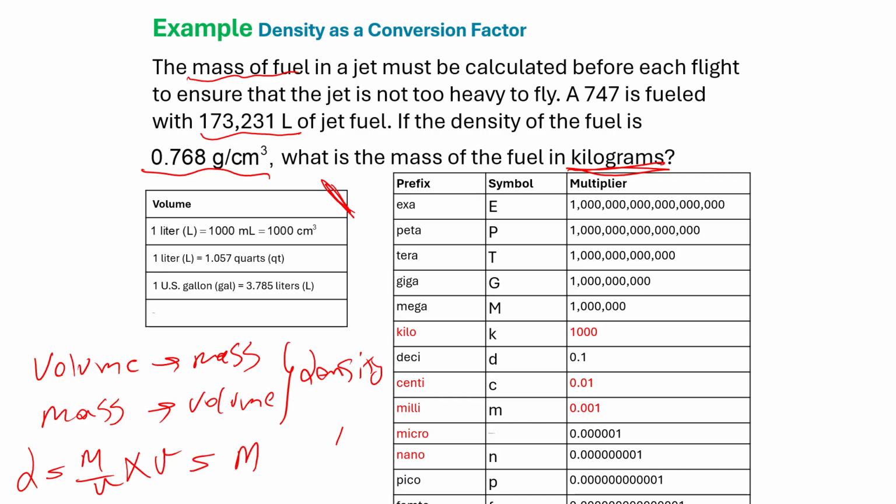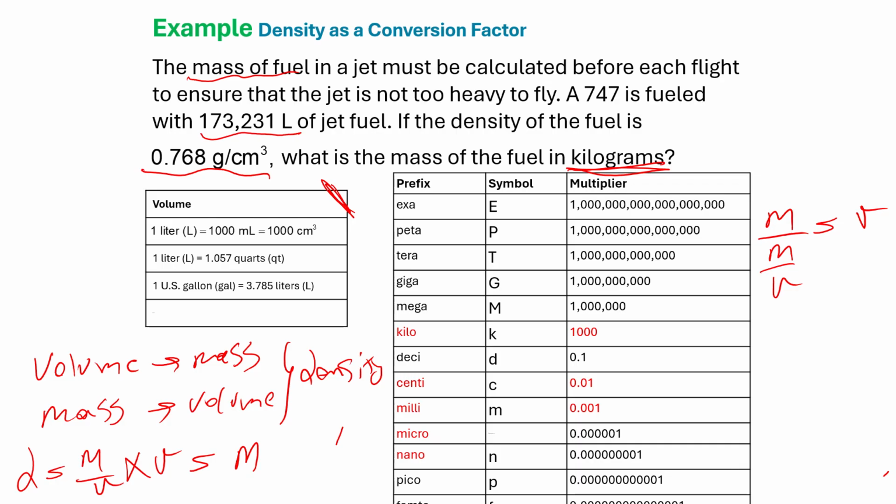This is something that we will do in this question. And if you have mass and you want to use the density to find the volume, you do it like that: mass divided by density gives you the volume in liter.